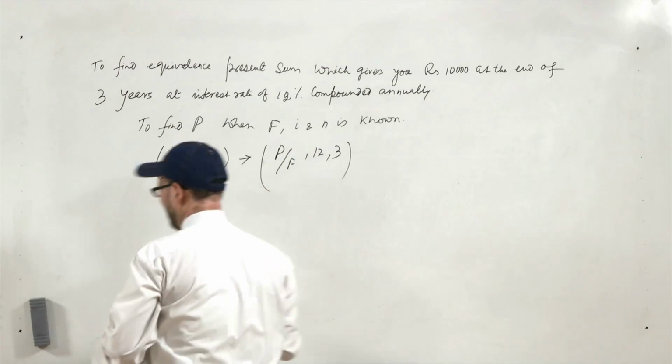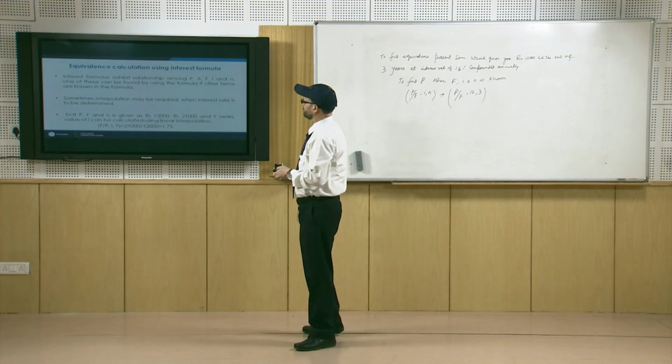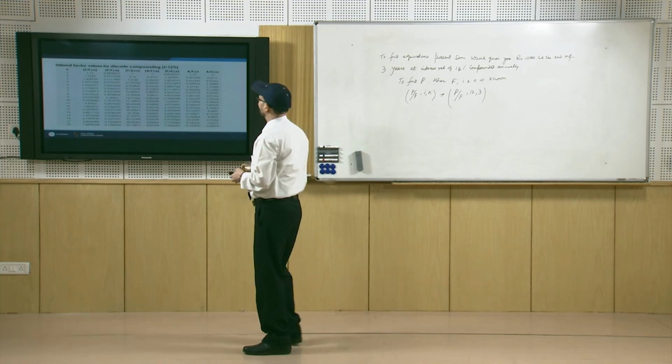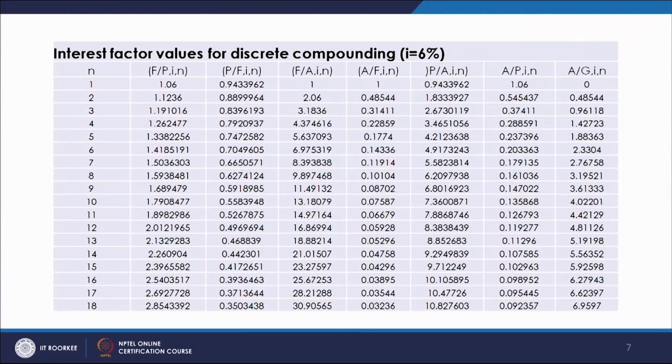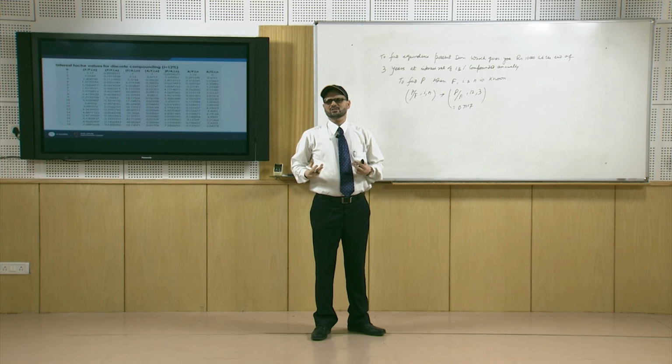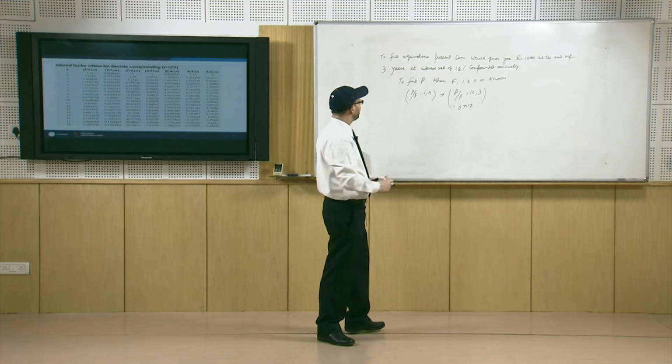So, P by F, 12, 3 we can refer to the table, and P by F, 12, 3 comes out to be 0.7117. This factor is to be multiplied with F.